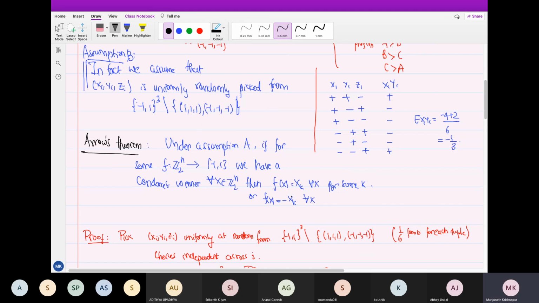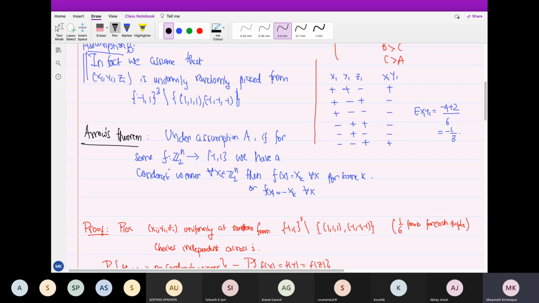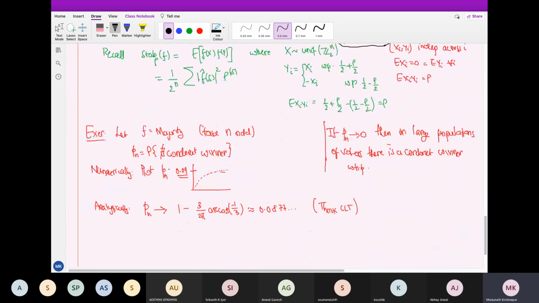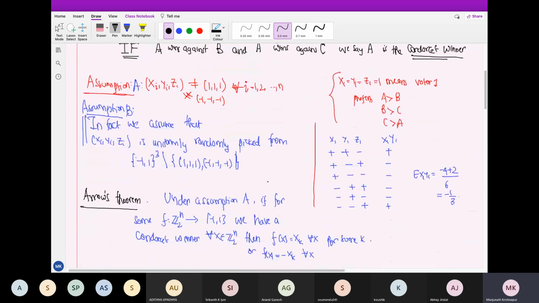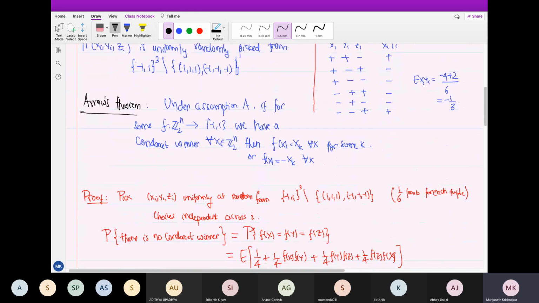But what the theorem is not saying is, suppose I give up a certain small probability of getting a Condorcet winner. We have seen that the majority is not good. Majority will lose a probability of 0.0877. But maybe there is a much more equitable scheme than the dictator, which achieves probability 0.999. Is that possible?